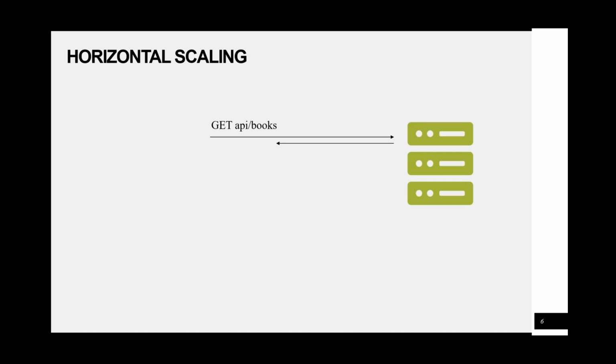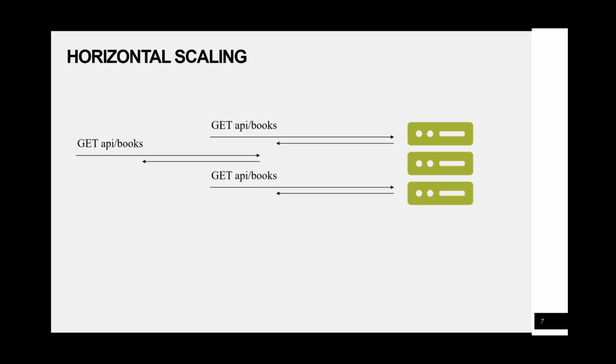Can be a physical server, can be a virtual server. We send a GET request to get a set of books. No problem, our server can easily accommodate that. We send another one, still no problem. Third one, no problem. And then the fourth request comes in, still at the same time, more or less. So all 4 requests are being handled by our server at this moment.